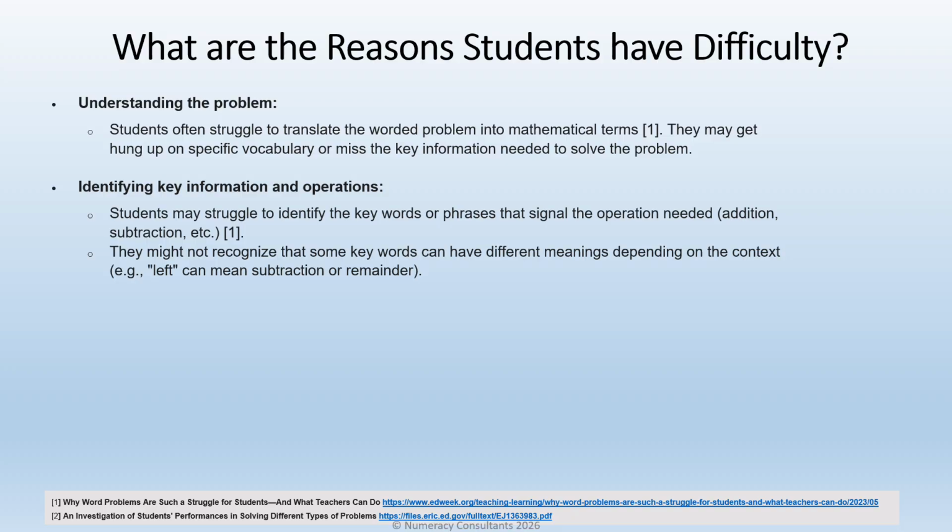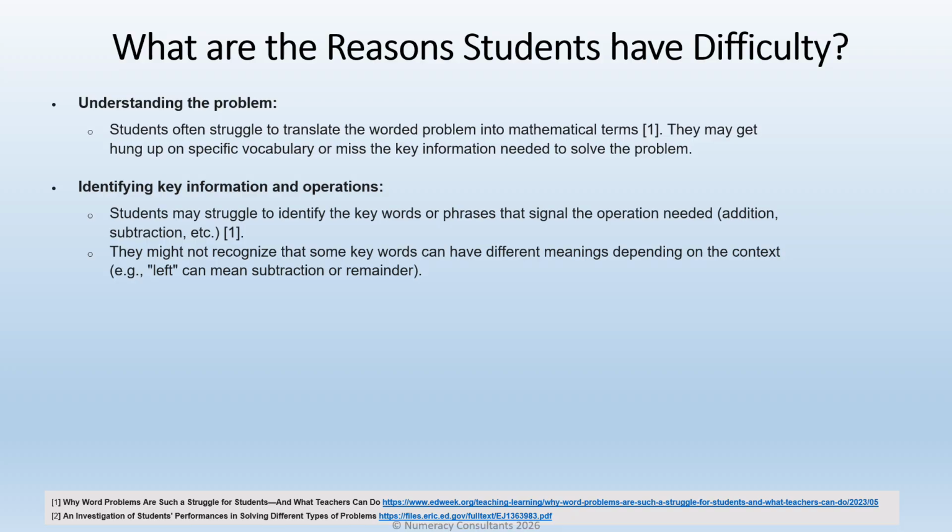Students may struggle to identify keywords or phrases that signal the operation needed. They might not recognize that some keywords can have different meanings depending on the context. For example, left can mean subtraction, or it also can mean remainder. Now remember, what's interesting about these two things, why students are having difficulty, this is more language-based, metacognition, comprehension-based. This doesn't have anything to do with processes and procedures yet.